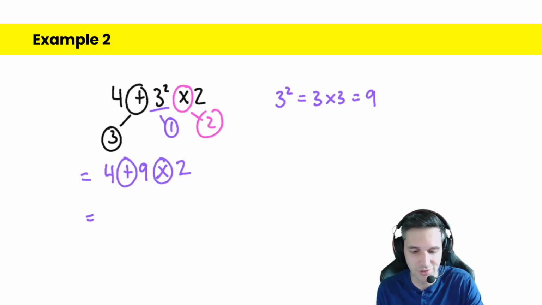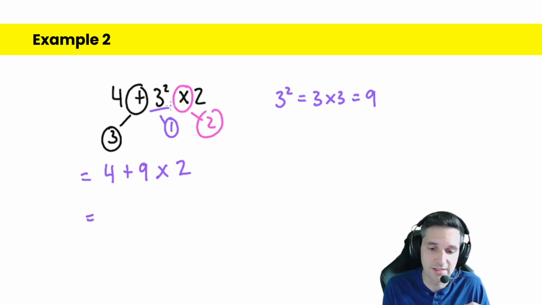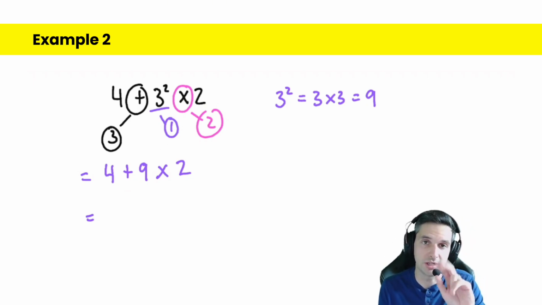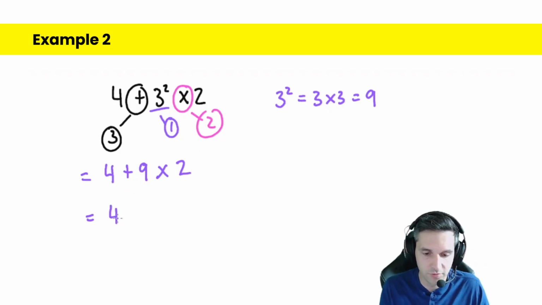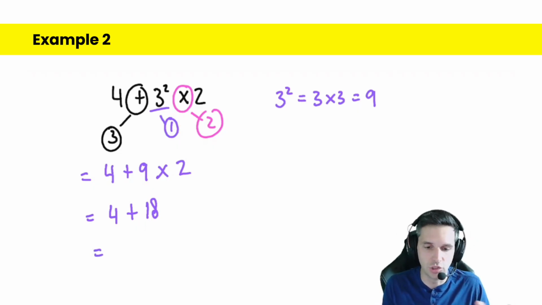So the multiplication goes first, and that's the same order that we decided at the beginning here. The multiplication is going to be second. So I do 9 multiplied by 2, which is 18. So I have 4 plus 18, and then we have 22 as our final answer because we only have addition remaining. That's the third thing that we said we were going to do. Final answer, 22. There we go.